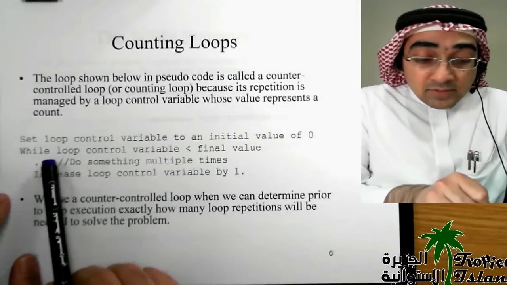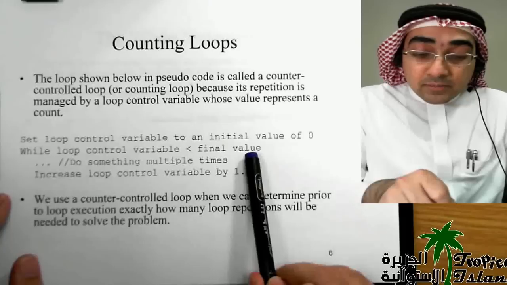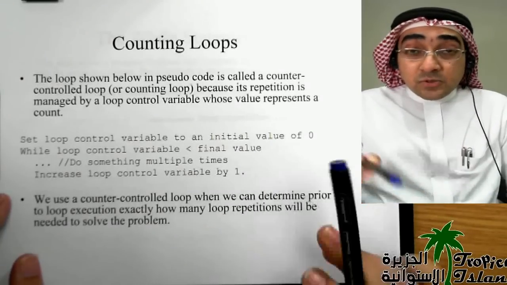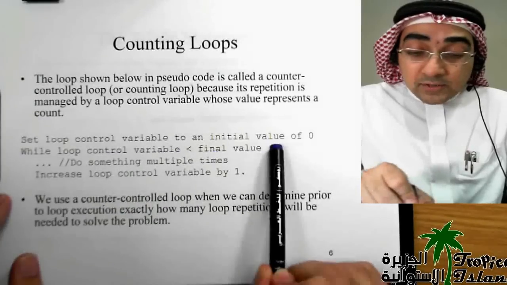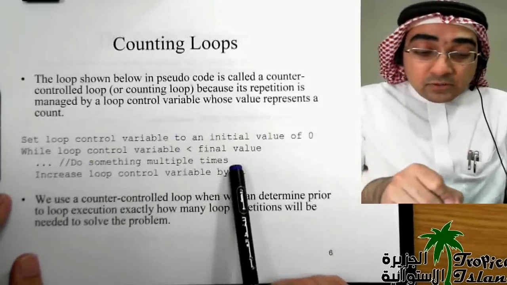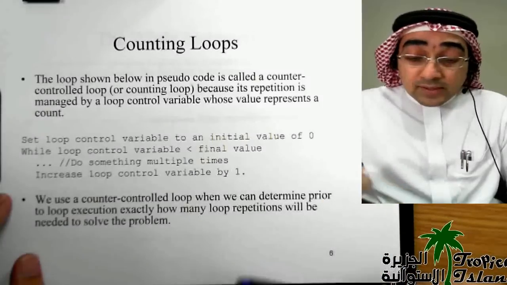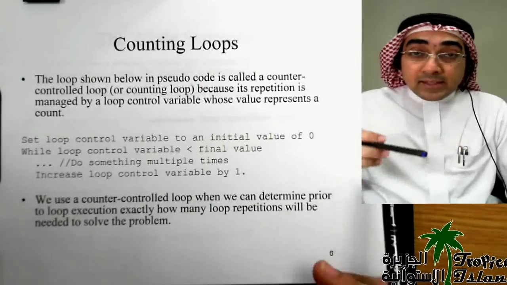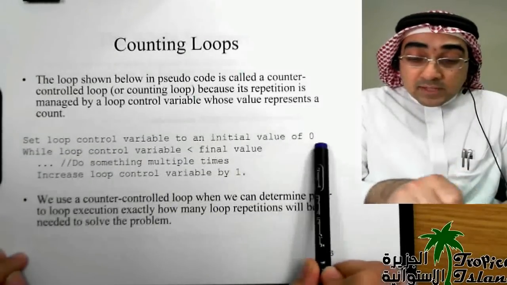And then you have the while, and you say that this value, which is the control variable, is less than the final value. So you know how many times you have to loop in this example. If this value is less than the final value, you do something, and then you increment the value by 1. A typical example would be if I had 10 students and I wanted to add their grades. I set the number of students to 0.